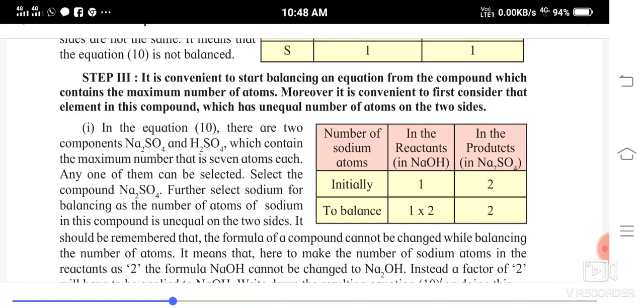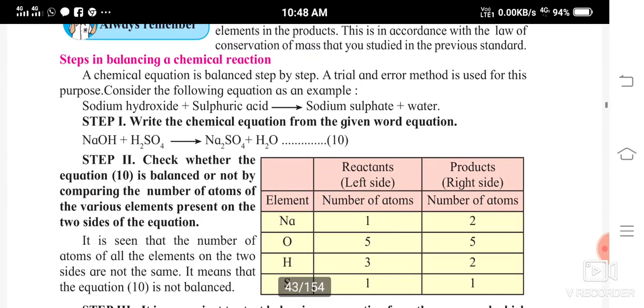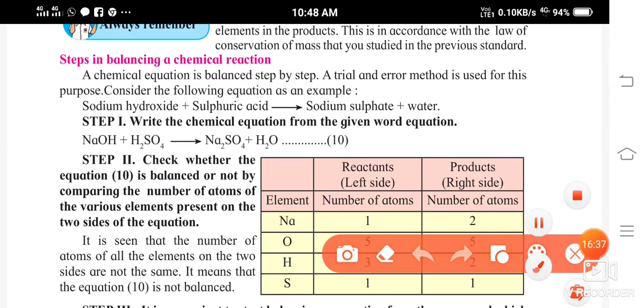Now further select sodium for balancing, as the number of sodium atoms in this compound is unequal on the two sides. Now you are going to consider sulfuric acid and sodium sulfate, but let us consider sodium sulfate first. How many atoms are there? Sodium on the right hand side 2, on the left hand side 1.